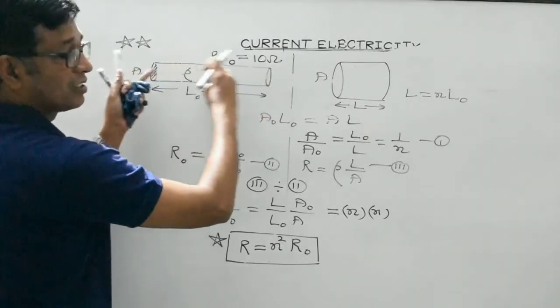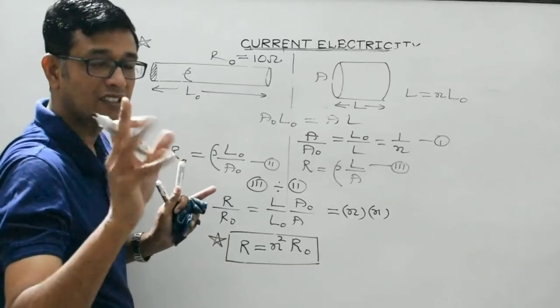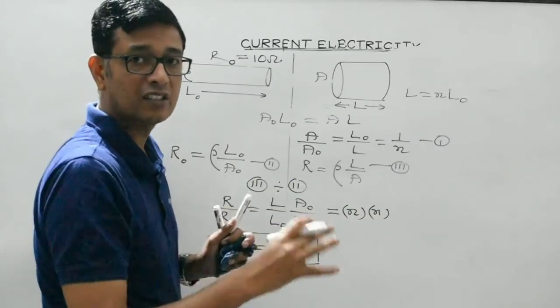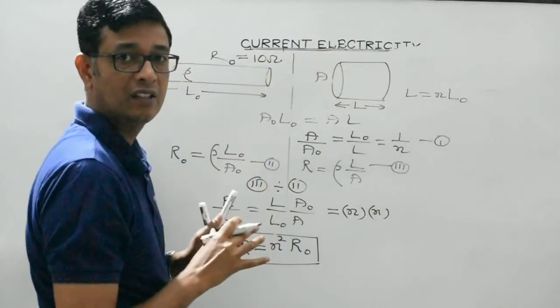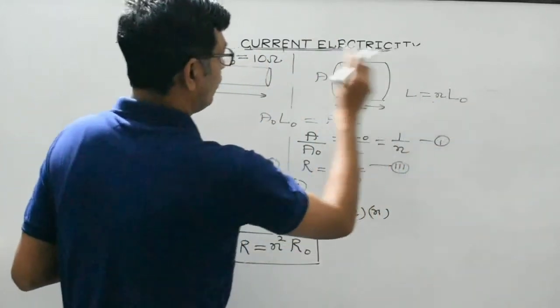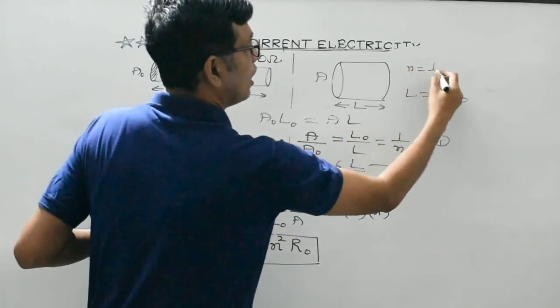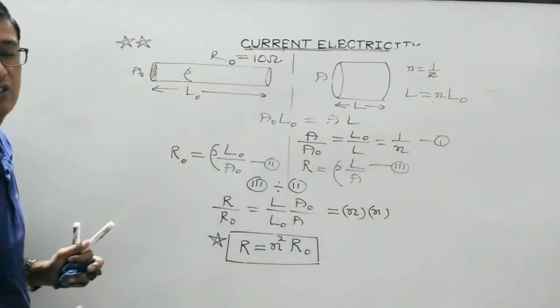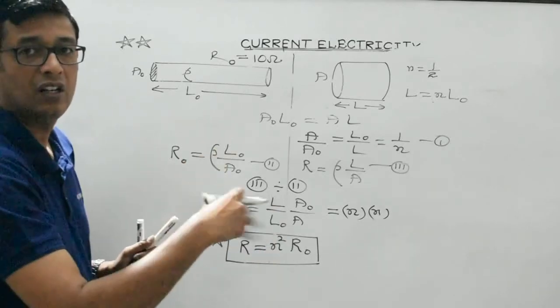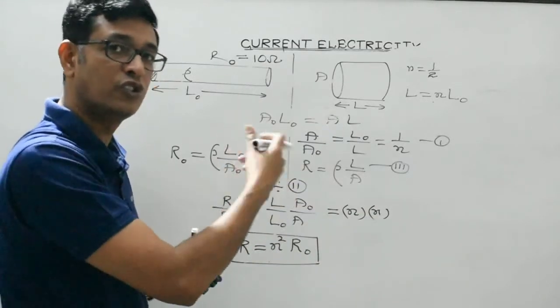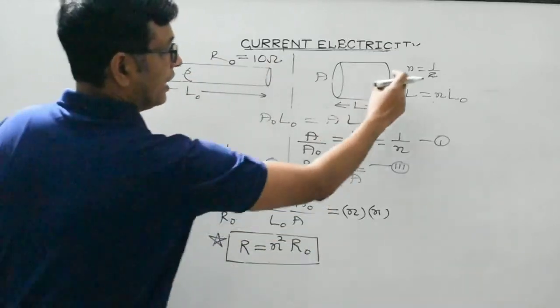Let us consider this to be a wire of resistance 10 ohm. It is melted and recast into another cylindrical wire having length half of its original length. So N over here is half.